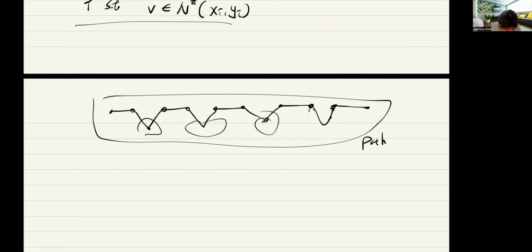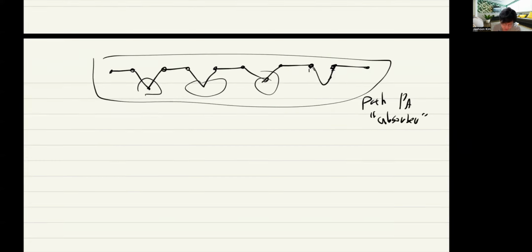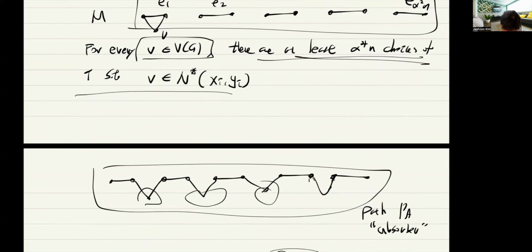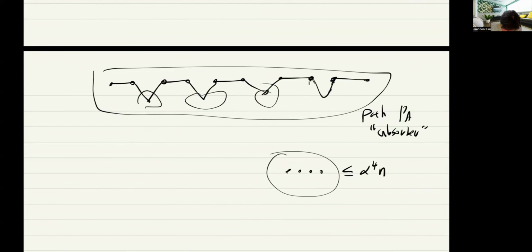This is your absorber, path P_A. Why is it called an absorber? You will see later. No matter what vertices you take, which is at most, due to this choice, alpha to the 4 times n many vertices, what you can do is choose one edge that forms a triangle with this vertex.